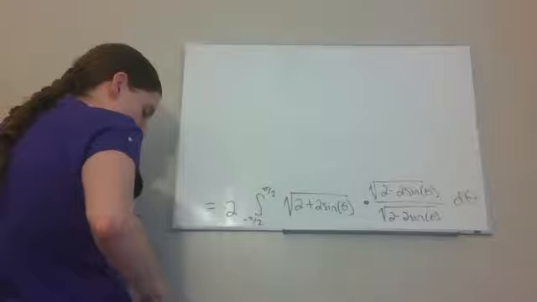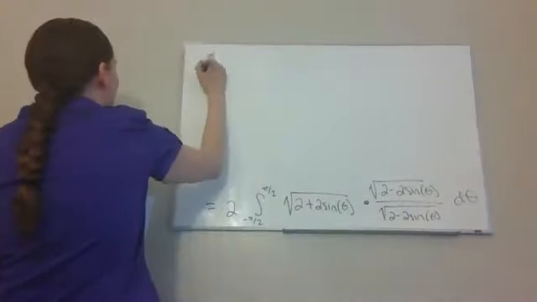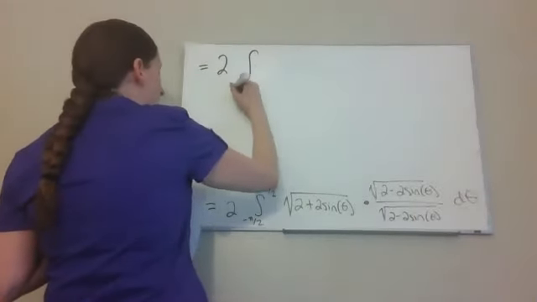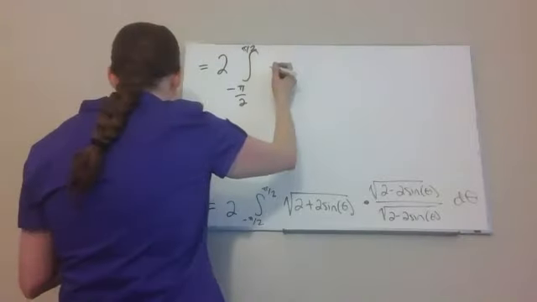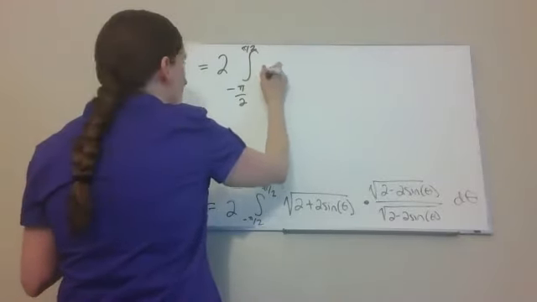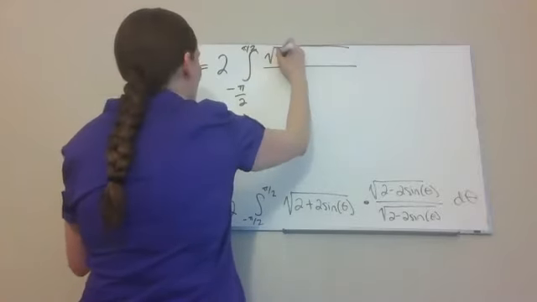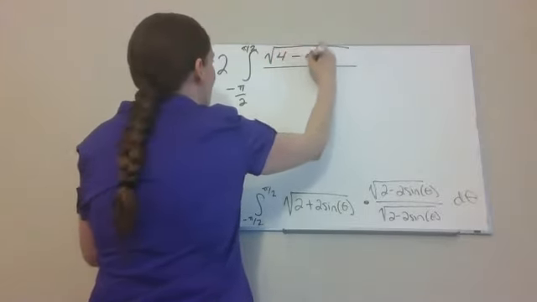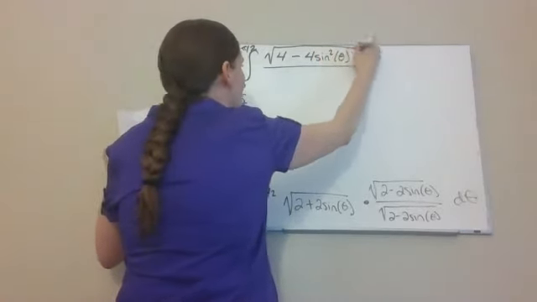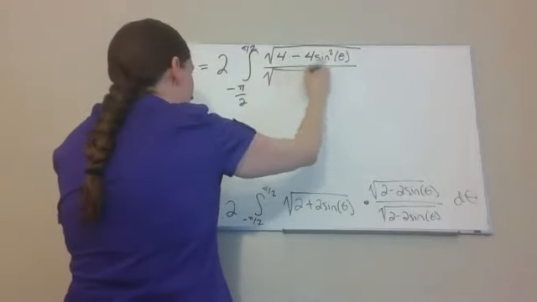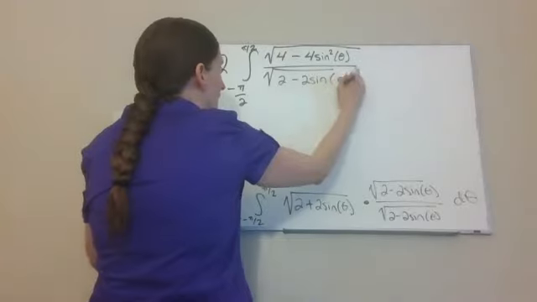So when I distribute underneath the square root in the numerator, I have 2 times my integral from negative pi over 2 to positive pi over 2, and I have a square root of 4 minus 4 sine squared of theta, and in my denominator, I still have a square root of 2 minus 2 sine of theta.